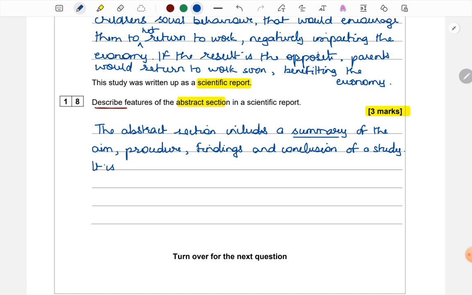It is presented first as the first section of a research report.